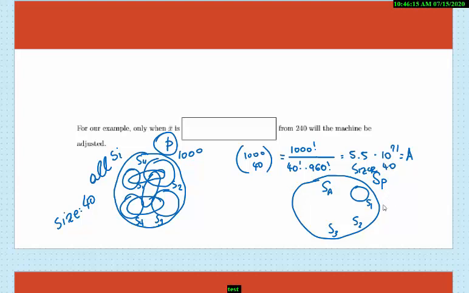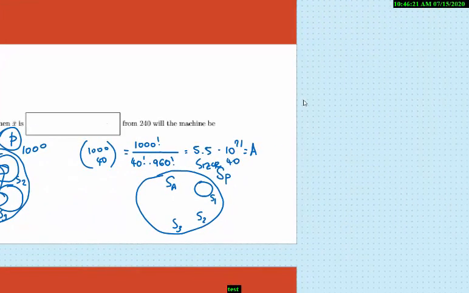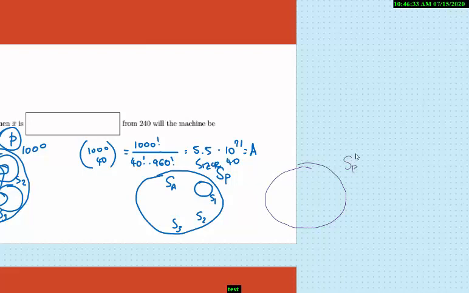Okay, now what do I do now? Now I take these and I am going to image this to another set, and let's call this set right here SP prime. For each one of those samples, I'm going to consider the X1 bar, meaning the mean of those.